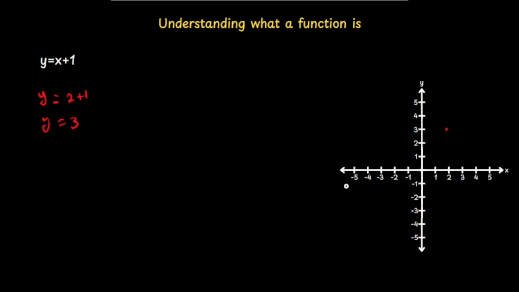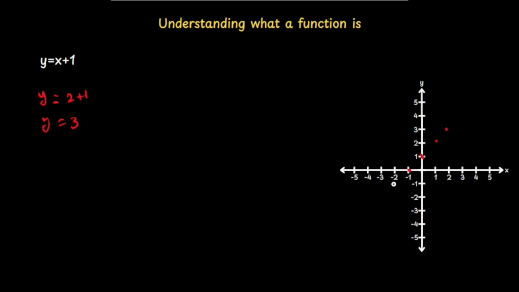Now, if we do this for every single value on the x-axis, we are going to get a number of points, correct? So let's do it for point 1: 1 plus 1 is 2. 0 plus 1 is 1. Negative 1 plus 1 is 0.